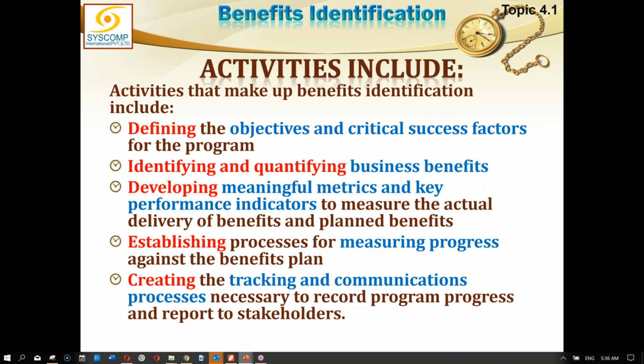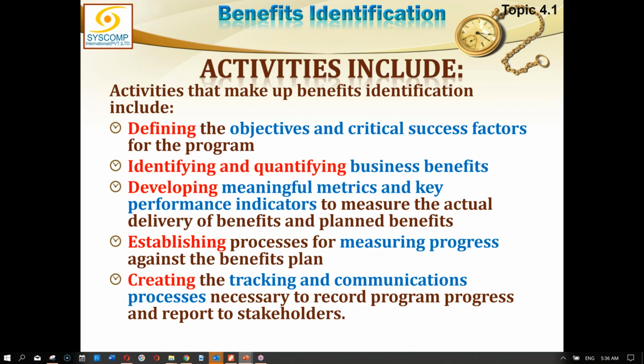There could be more than one key performance indicator to indicate the achievement of a benefit. So these two things, metrics and KPIs, are to measure the actual delivery of benefit against the planned benefit. This is basically to compare the planning with the actual, and naturally, any variance could only be found if it is properly measured.